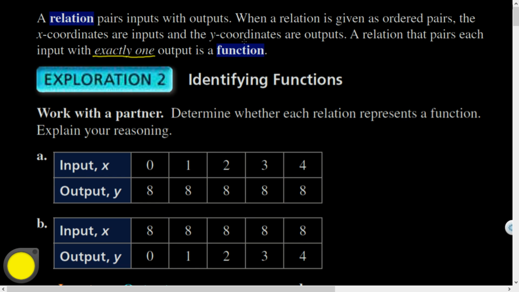Kind of like how all squares are rectangles, but not all rectangles are squares. Functions are a subset of relations. Relations have no restriction. It just says, you got an input, here's an output. Whereas functions say, nah, for every input, there's only one output. So it's a little bit more restrictive.